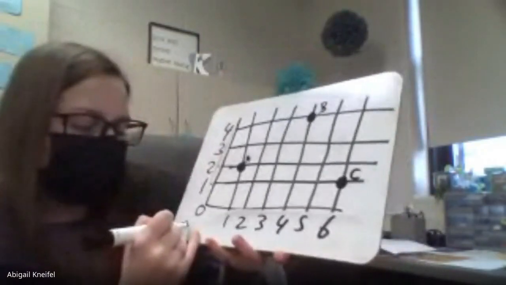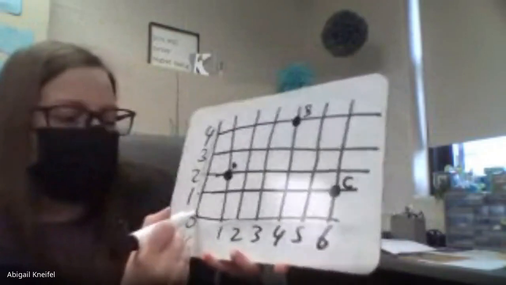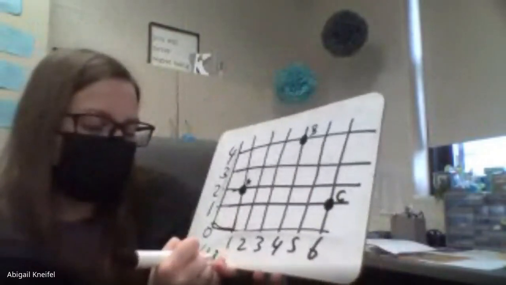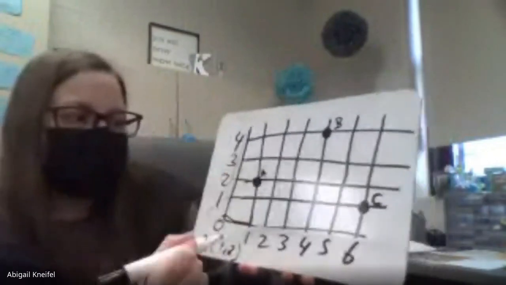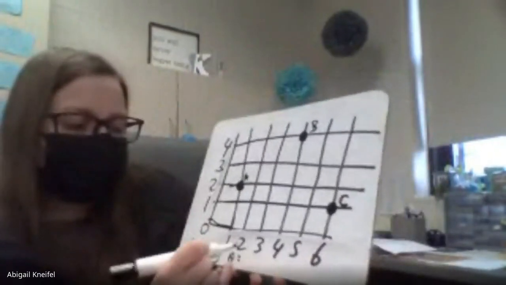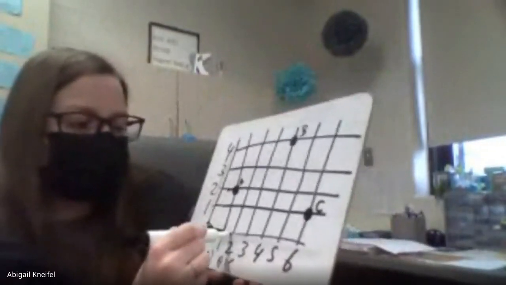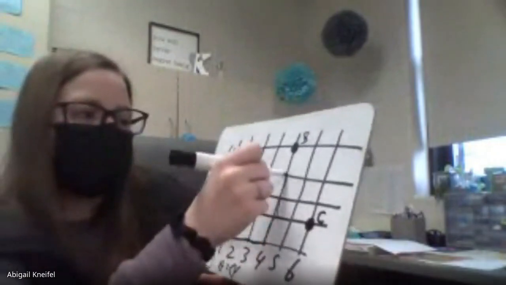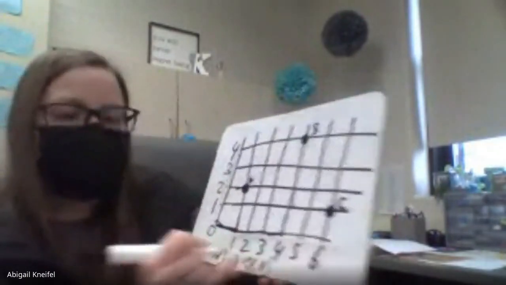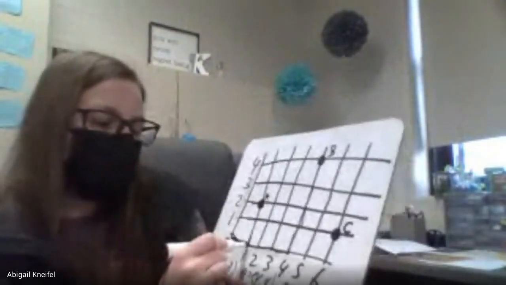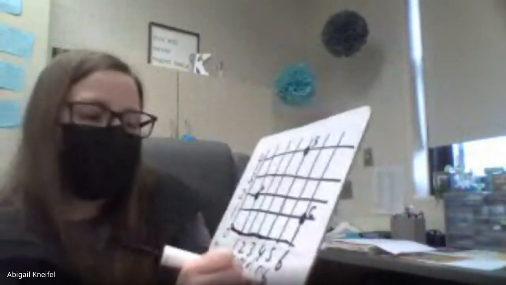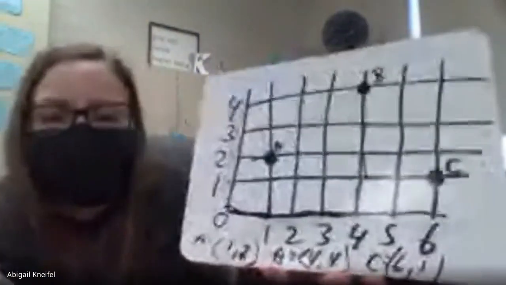So A equals over 1, up 2. So you should have 1, comma 2 for A. Now B equals over 1, 2, 3, 4, up 1, 2, 3, 4. For B, you should have 4, 4. And for C equals over 1, 2, 3, 4, 5, 6, up 1. C is 6, comma 1.